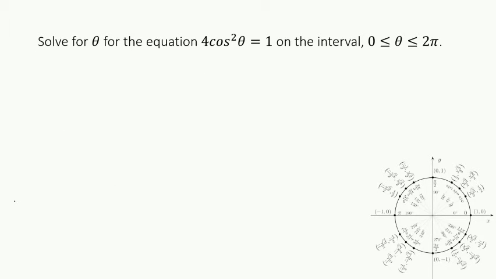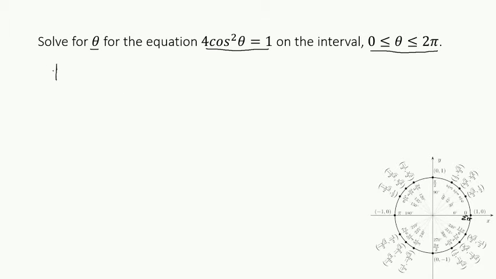Okay, so this is a simple one. It's asking us to solve for theta for this equation on this interval. If you notice, this interval is actually the interval of our unit circle, because this comes back around to 2 pi. That's why we use the unit circle to find this.